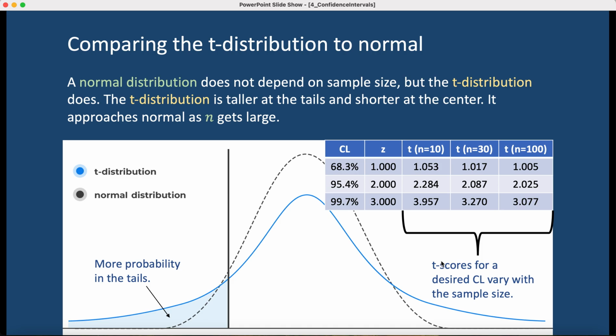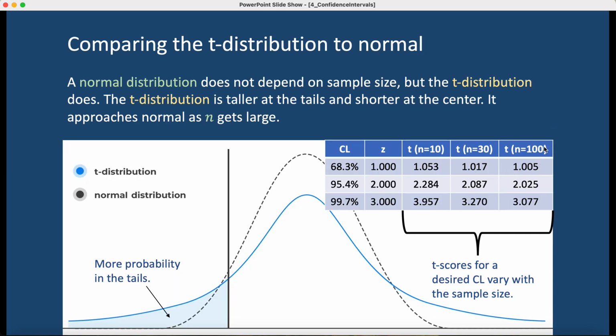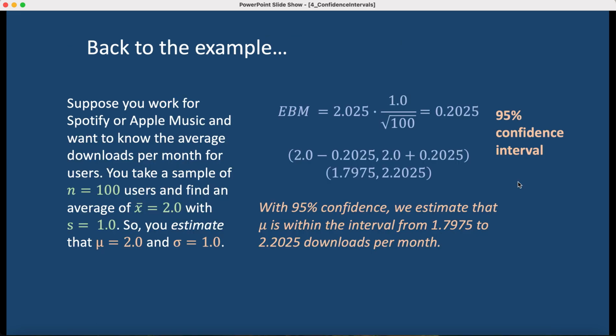Okay, so let's apply this to the previous example. So we'll come back to our example. Now we're going to use the appropriate t-score instead of z-score. So go back to this table just quickly. We have a sample of 100, and we want the 95% confidence level. We were using a 2, but now we want to use 2.025. So we're just changing that one number.